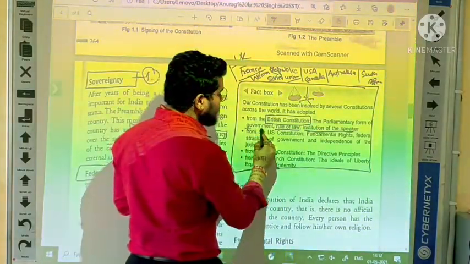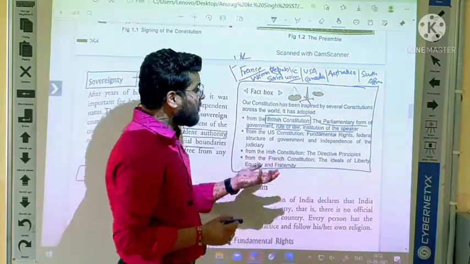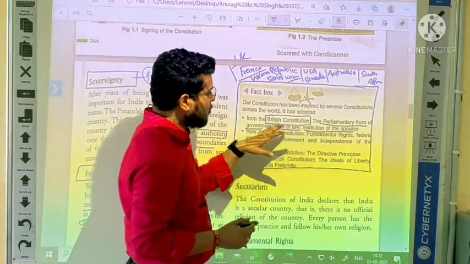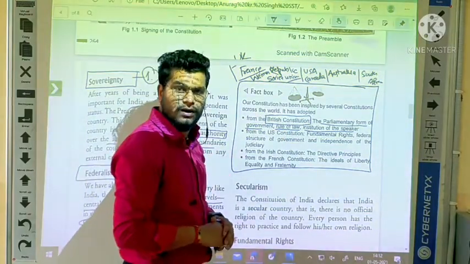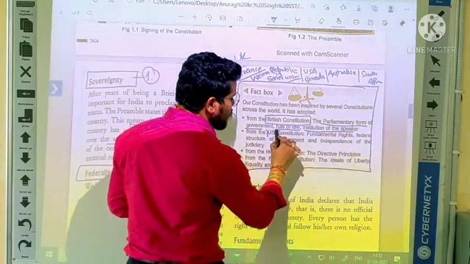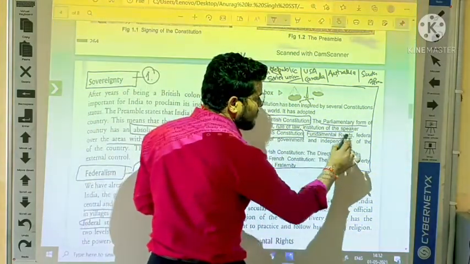Our government is based on parliament, so the parliament forms the government. All these principles and laws were taken from the British Constitution.